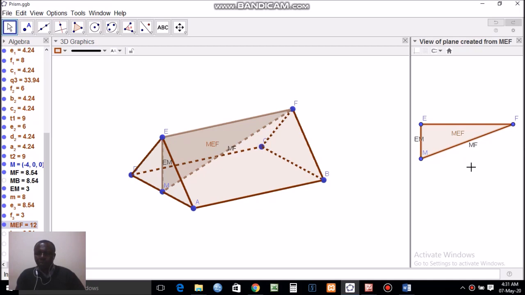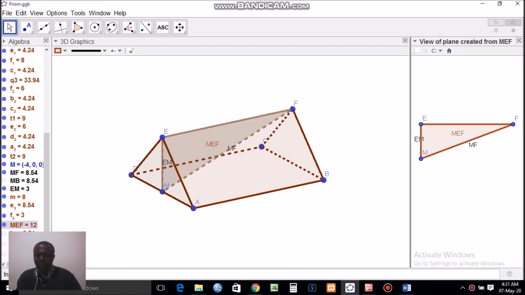Now, we are required to calculate the angle between MF and EF. Are you able to see that angle in this triangle? Yes. Which angle are we expected to calculate? We have this angle, we have this one also, we have this one. Which one is the angle between MF and EF? That angle is angle MFE. So we are expected to calculate angle MFE. Now, what type of triangle is MFE? It is a right angle triangle at E, and we can bring in the dimensions.